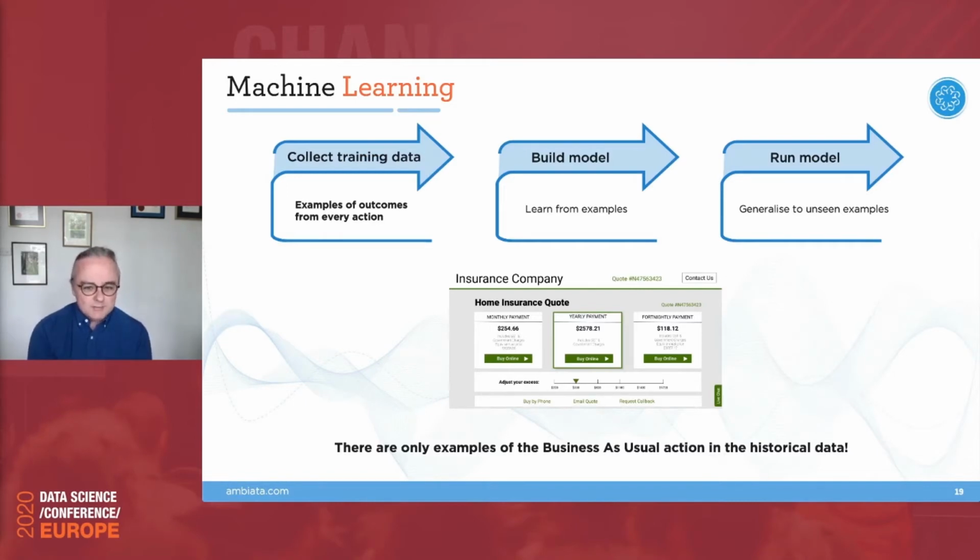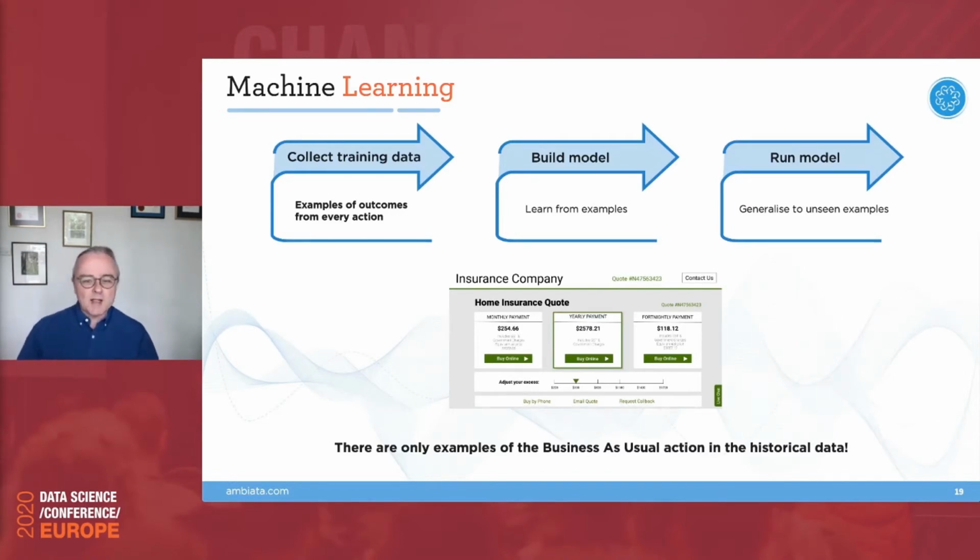Now, in our case, there are only examples of the business as usual action in the historical data, which was yearly payment for this insurance quote. So what do you do in that case? You don't have the training data for the other options.